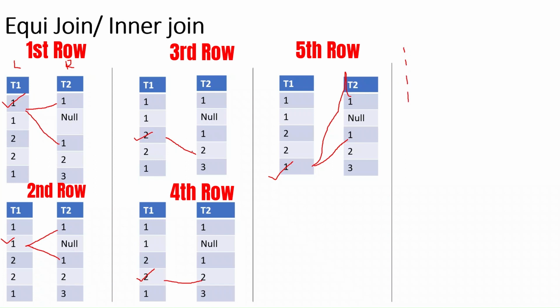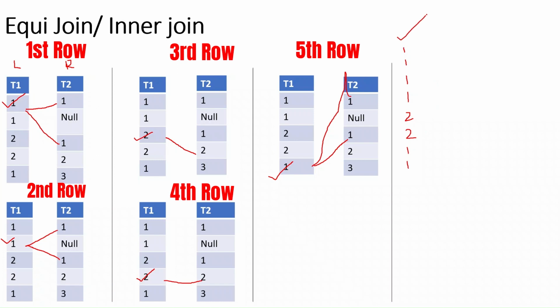When we try to match the third row, we get only 2, which is only one row matched. The fourth row is 2, and it is matched with the T2 table in only one row, that is 2. Take the 2 here. Now the fifth row 1 is matched with 2 rows in the second table.